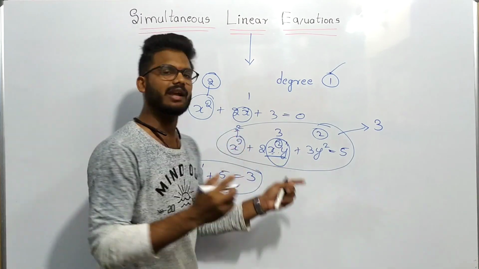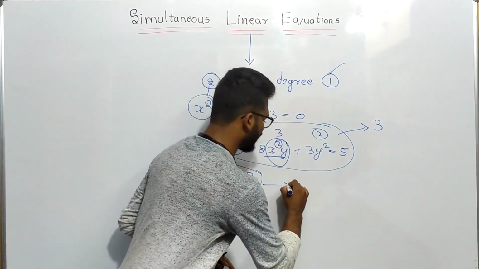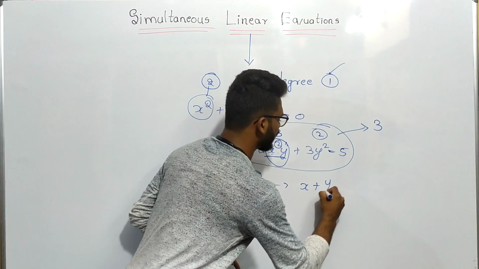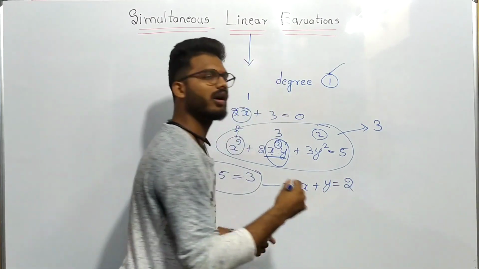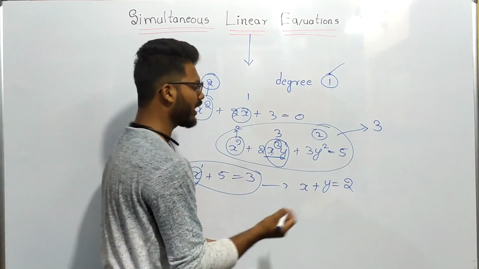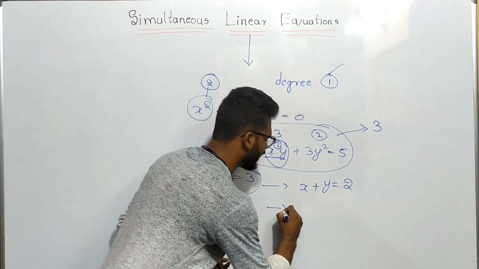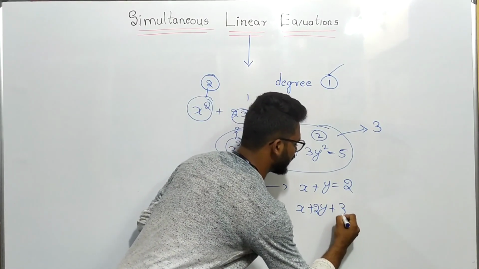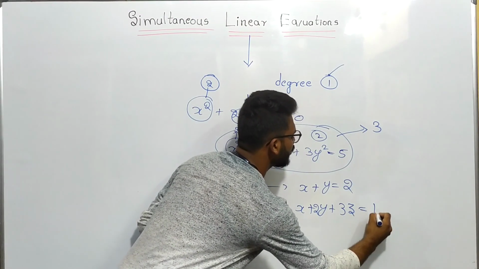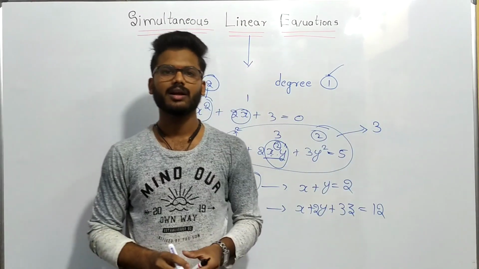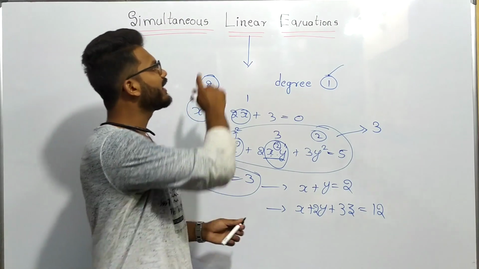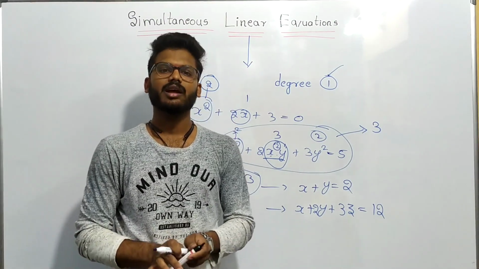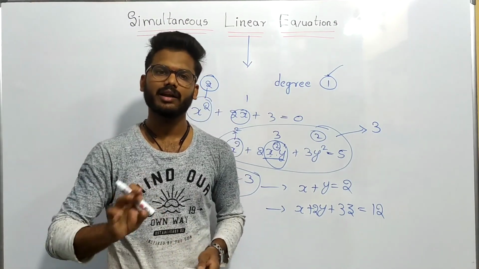If you want to write a linear equation in two variables, you get x plus y is equal to something, 2 or 3 or whatever it may be. In the same way, a linear equation with three variables is x plus 2y plus 3z is equal to 12, like this. These are all called linear equations, which have degree 1.